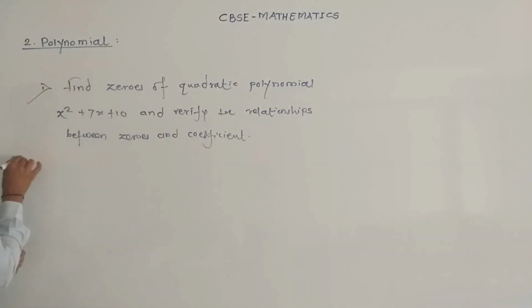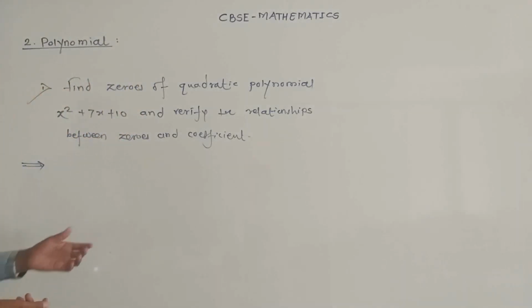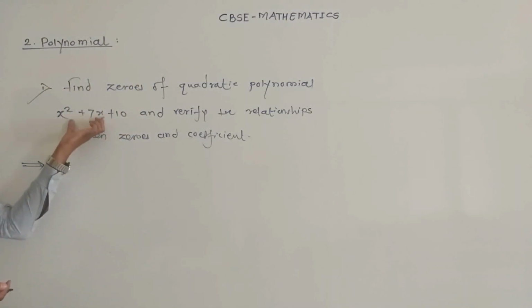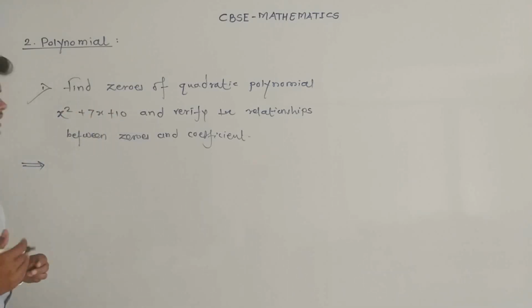First we have to find the zeros of the quadratic polynomial. To find the zeros, first of all factorize the quadratic polynomial x square plus 7x plus 10 by splitting the middle term.